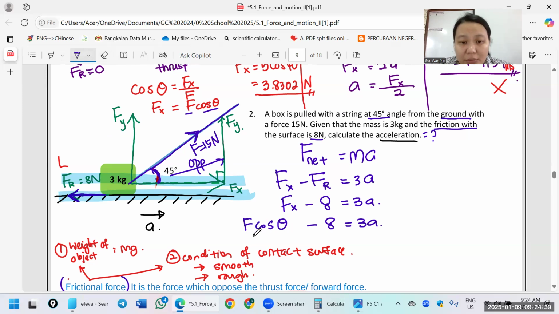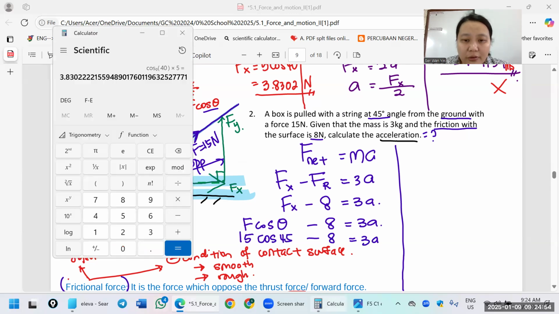Okay, so now let's substitute: F cos theta, 15 cos 45 minus 8 equals 3a. So 15 cos 45, sorry, my calculator is different, 15 cos 45, 10.6066.